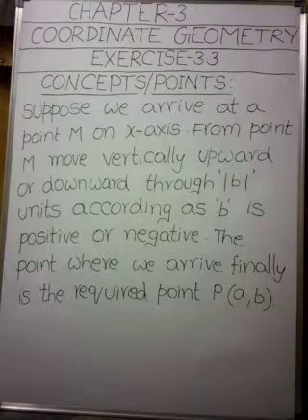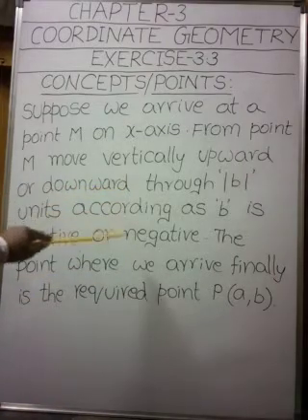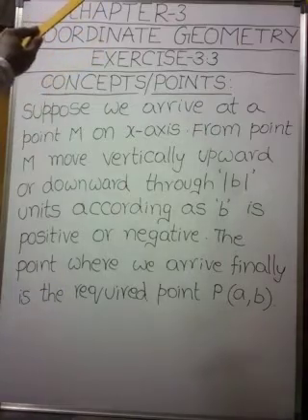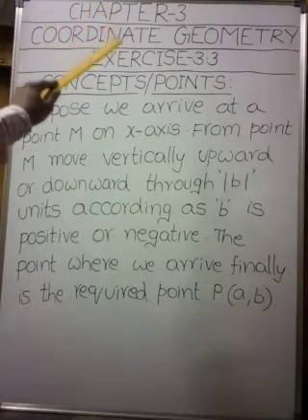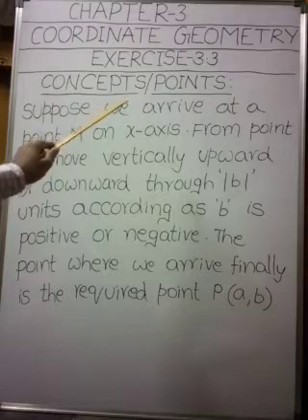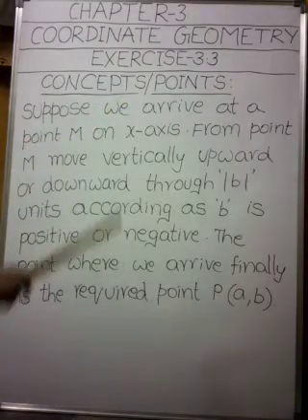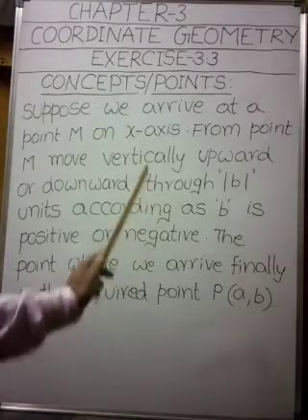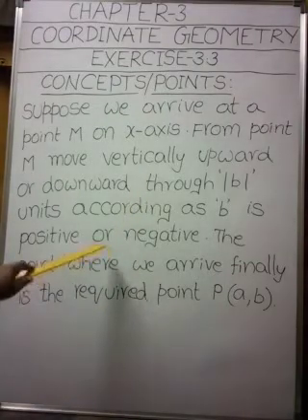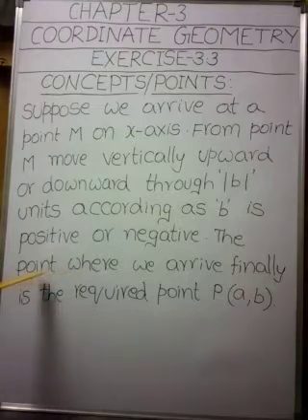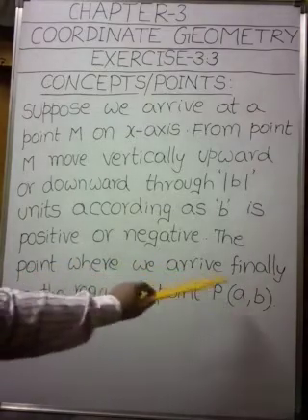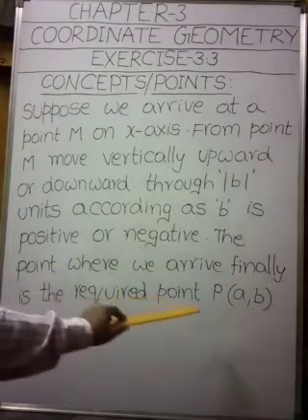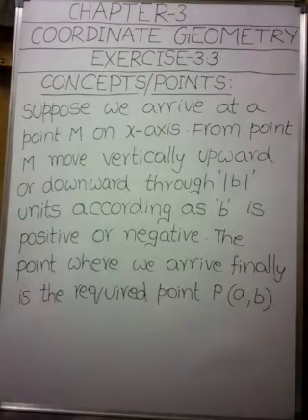If the y coordinate is positive, we have to move upwards. If b is negative, it means the y coordinate is negative, and you have to move along the negative y-axis, meaning downwards. Understood this point, my children? The point where we arrive finally is the required point P (a, b).